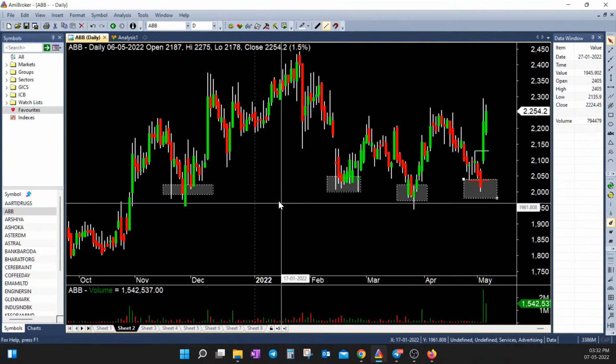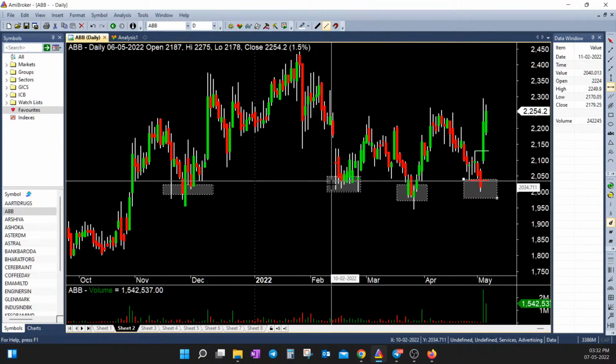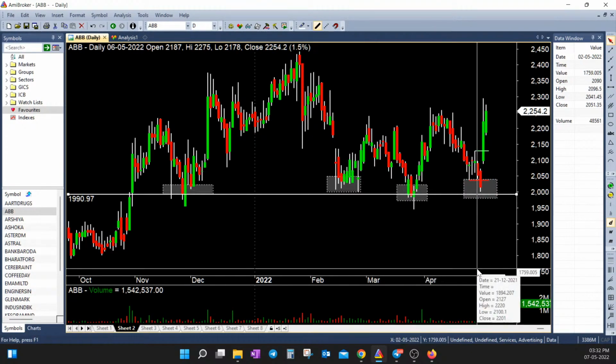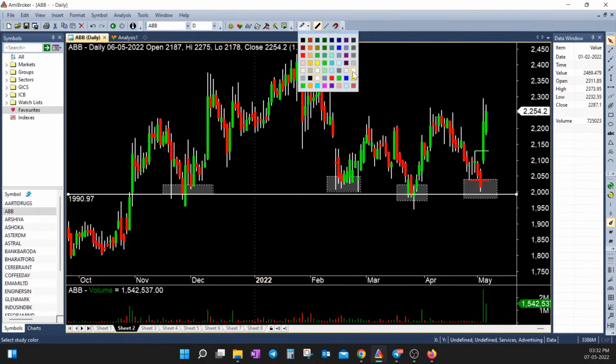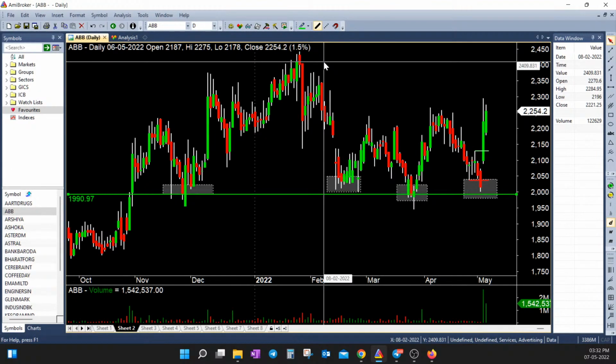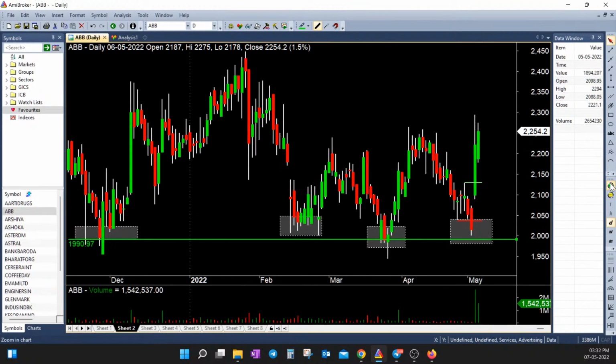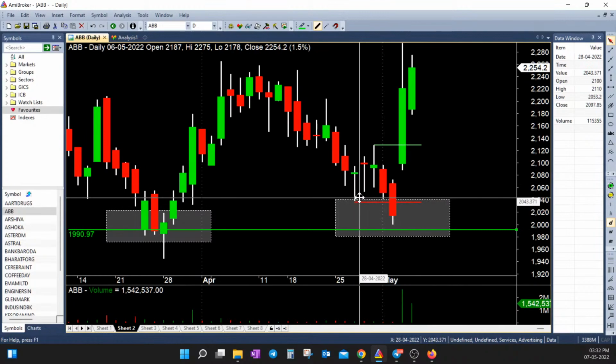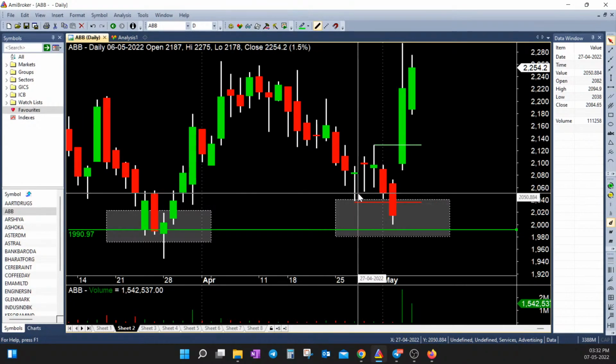So is it not ABB at a support level here? Okay, so what ABB has done here, ABB has broken the lower low of the doji, okay, as per the strategy.